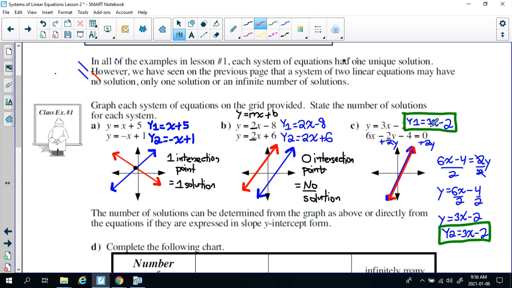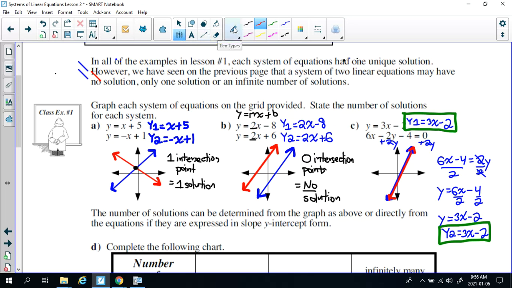Now, the question here would be, how many intersection points are there? Well, if you have one line directly on top of the other line, there are actually an infinite number of intersection points, because there'll be an intersection point at the bottom, in the middle, at the top. In fact, as you go along the line, because they perfectly overlap, they would intersect at every single possible point.